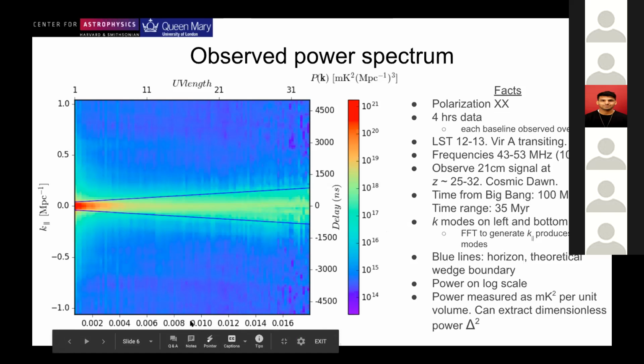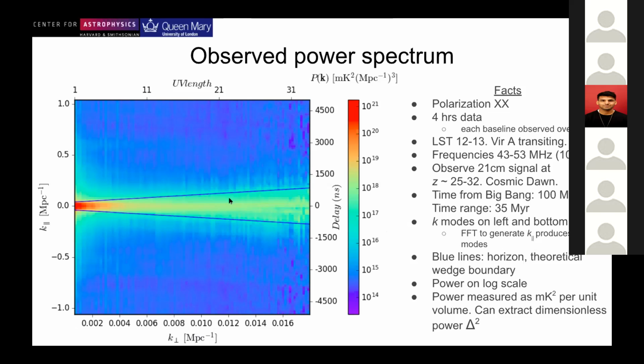So we get our K-perp mode on the x-axis, K-parallel on the y-axis. We can also plot delays that are relevant to the foregrounds on the right axis here. The blue lines are the horizon, which is the theoretical wedge boundary.